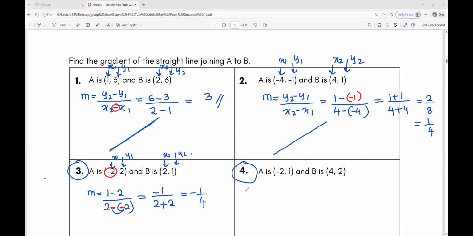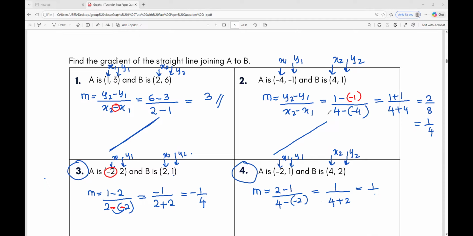Then the fourth one. x1, y1, x2, y2. We can't divide any number by 0. Gradient is equal to 2 minus 1 over x2 is 4, x1 is minus 2. 2 minus 1 is 1. 4, minus times minus is plus.